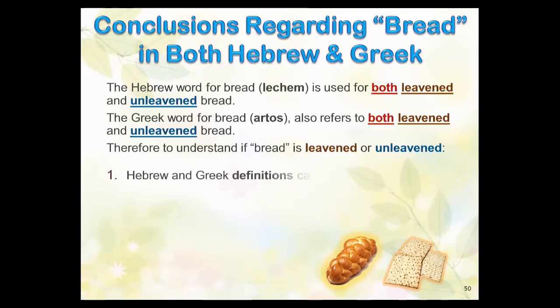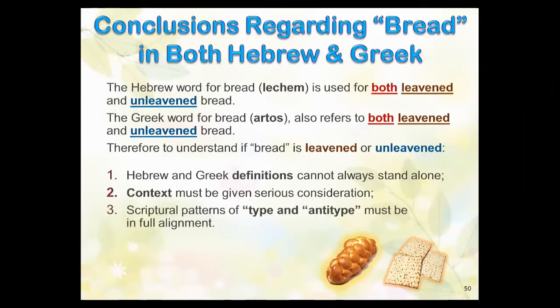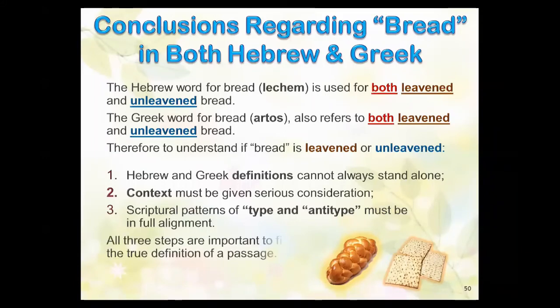Therefore, to understand if bread is leavened or unleavened, the Hebrew and the Greek definitions cannot always stand alone. We have to take the context and most seriously give it consideration. The scriptural patterns of type and antitype must be in full alignment. And all 3 of these steps are important to find the true definition of a passage.